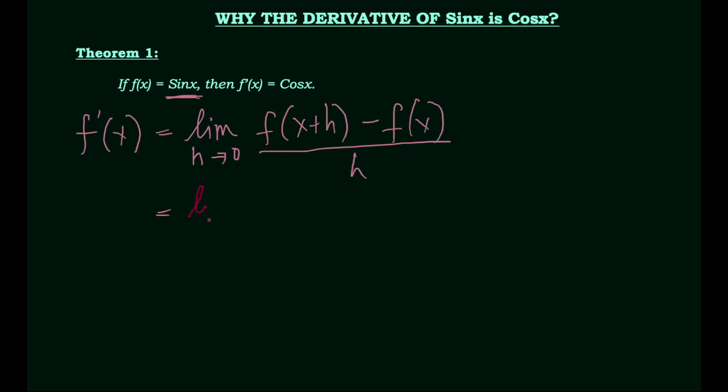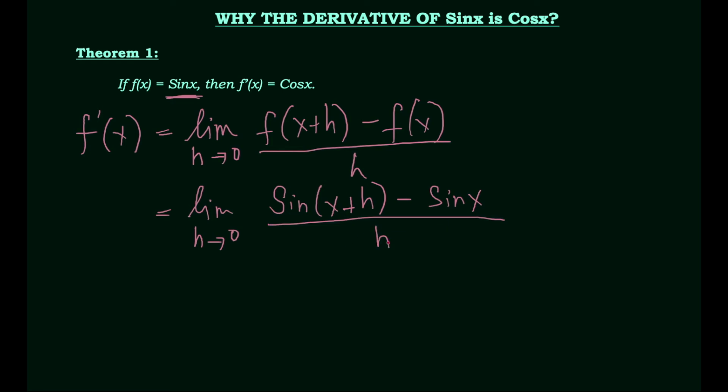So this will be equal to the limit as h approaches 0 of sine of x plus h minus f of x. And our f of x here is the given function, and the given function is sine x, right? Okay, all over h.